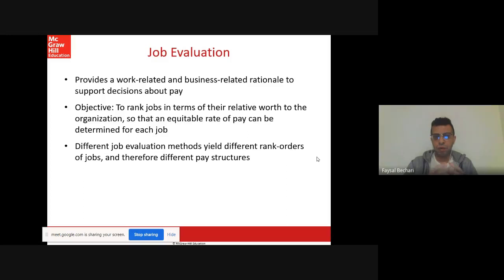In other words, you will see how much of the activity is work related, and how much is business related, in order to help you decide how much you should pay this individual. The objective is to rank jobs in terms of their relative worth to the organization so that an equitable rate of pay can be determined.